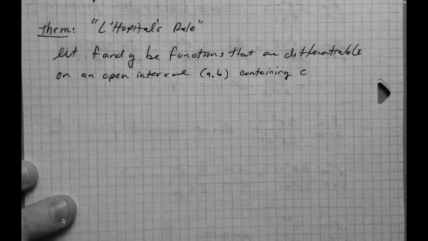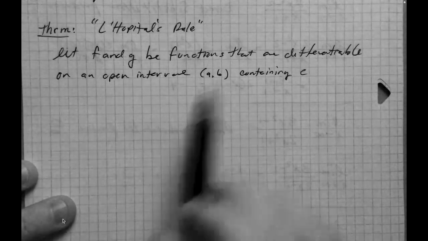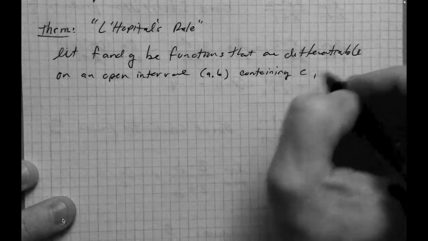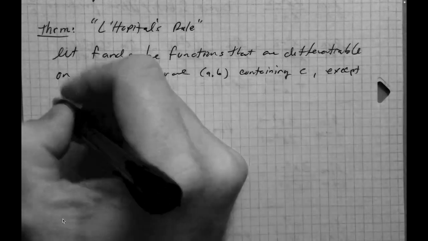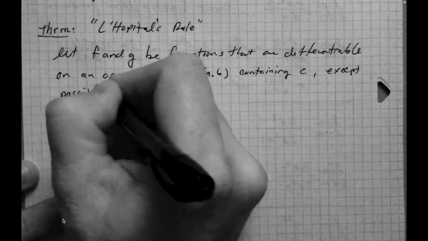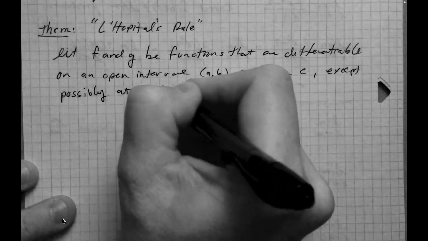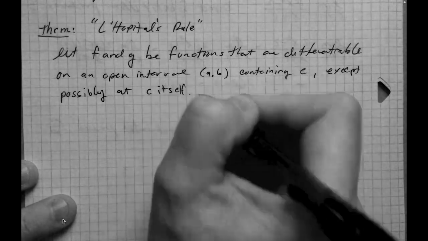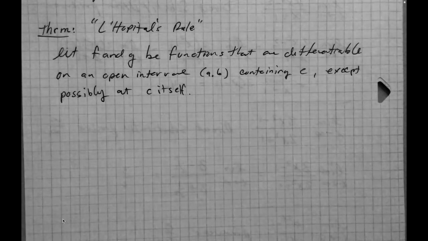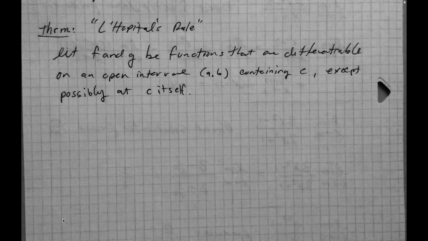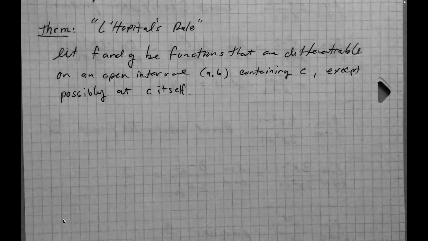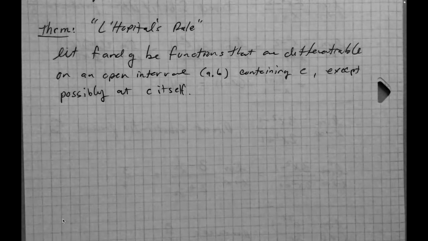So f and g are differentiable on this open interval (a, b), which contains c, but they may not be differentiable at c, except possibly at c itself. Right, so we've heard this wording before, right? C is a value in that interval, and f and g may not be differentiable at c.